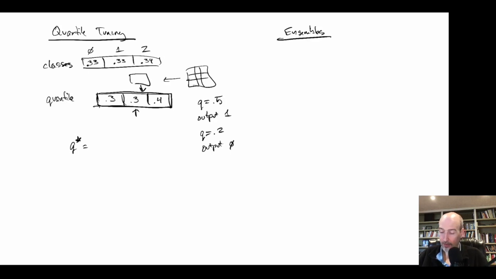For each entry, I'm going to take the maximum quantile which gives me an admissible heuristic, and then I'm going to take the minimum over all of those. So this is the min over the Q for each state.